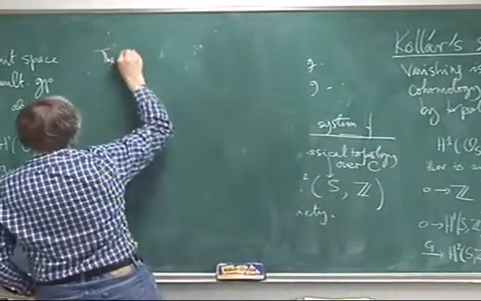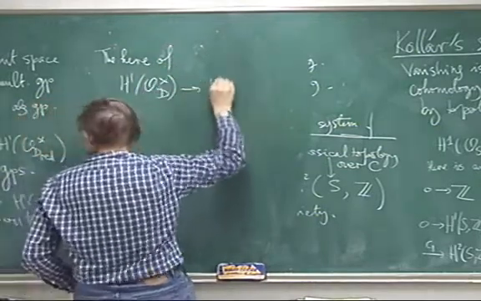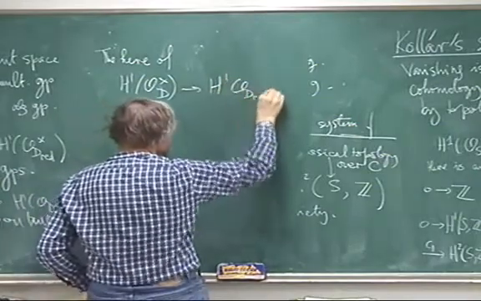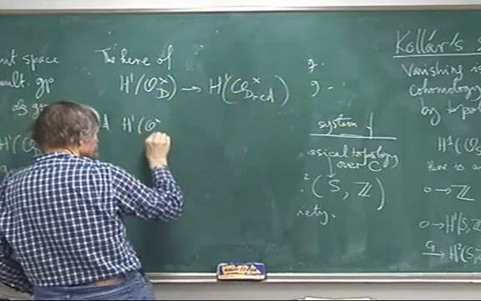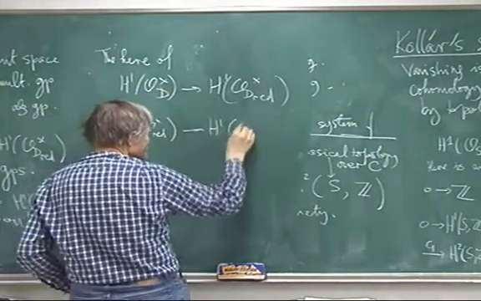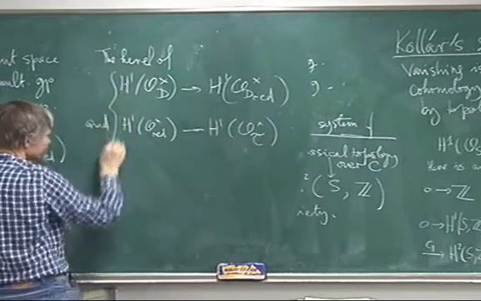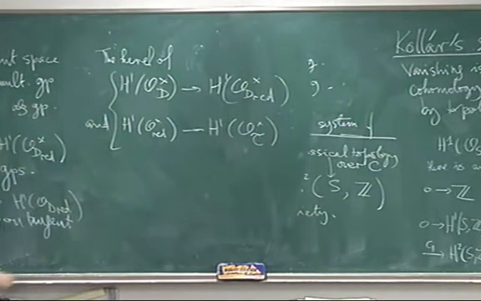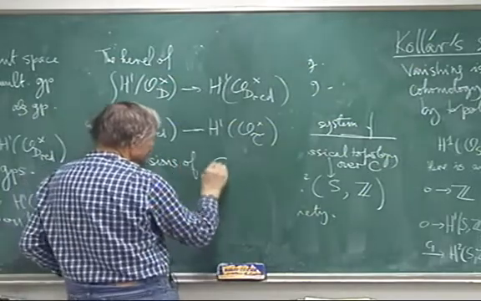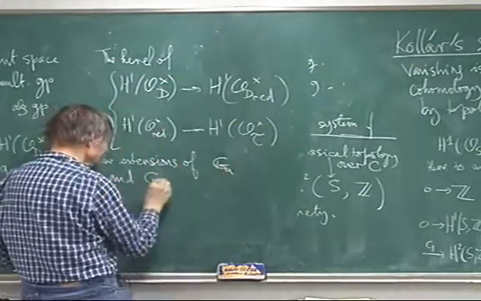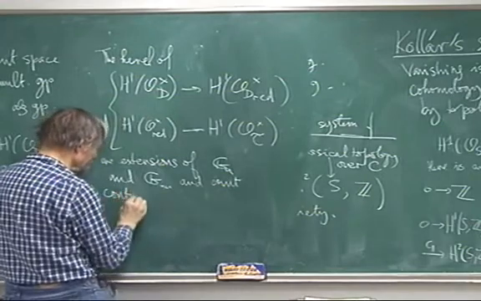The kernel of H1 OD multiplicative to H1 OD reduced multiplicative, and H1 OD reduced multiplicative to H1 OC twiddle multiplicative: all of these are nice homomorphisms of algebraic groups, and the kernels are extensions of GA and GM, and can't contain any abelian variety.